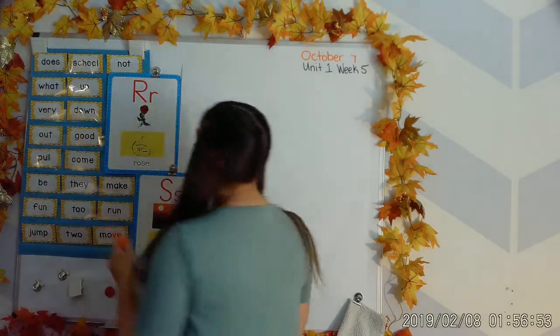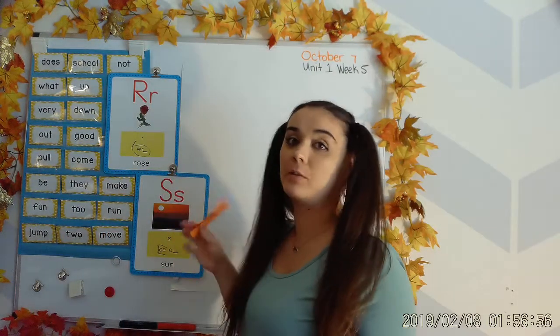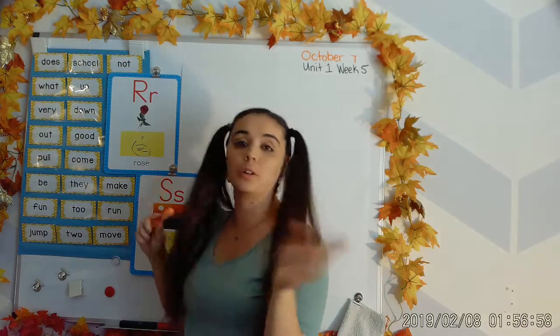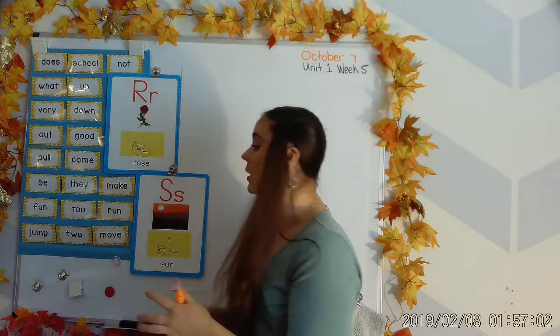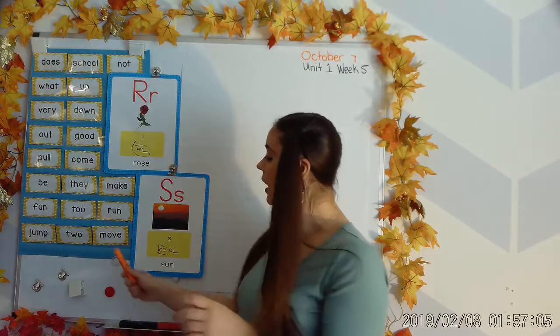Alright, so before we get started, we will do our high frequency word practice. So remember, if you know the word, say the word. If not, then just repeat after me. Really help yourself practice. We're going to start from the bottom today.